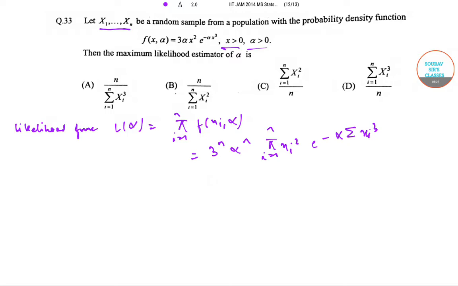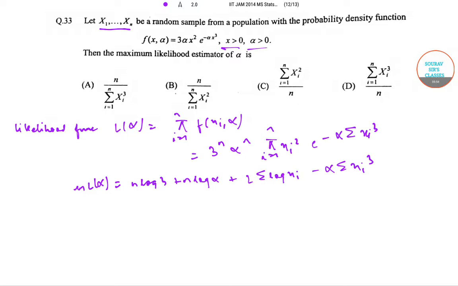Taking log on both sides, we get n log 3 plus n log alpha plus 2 summation log xi minus alpha summation xi cubed.